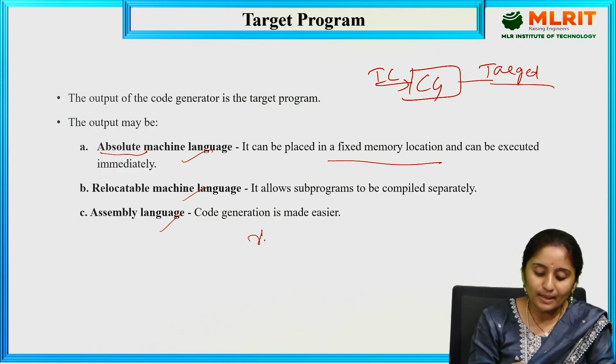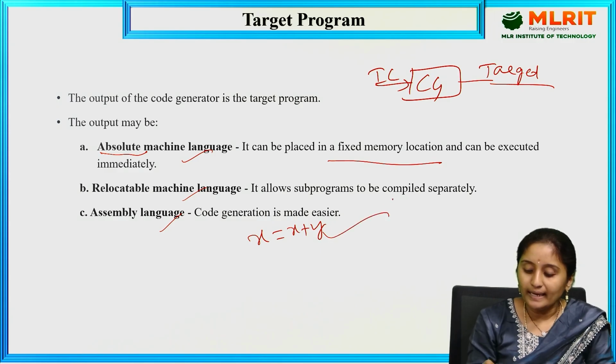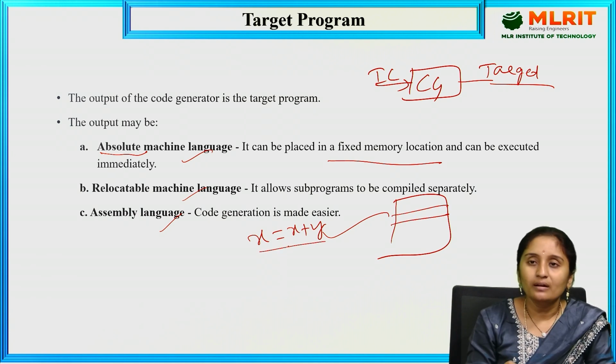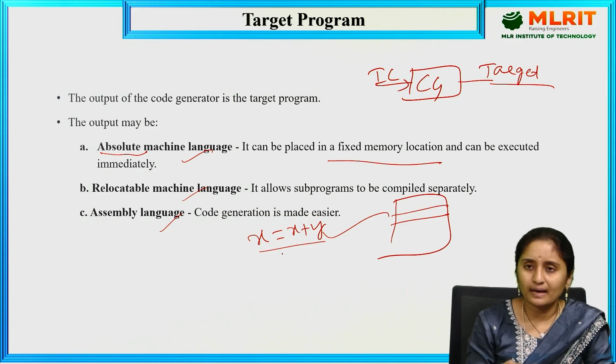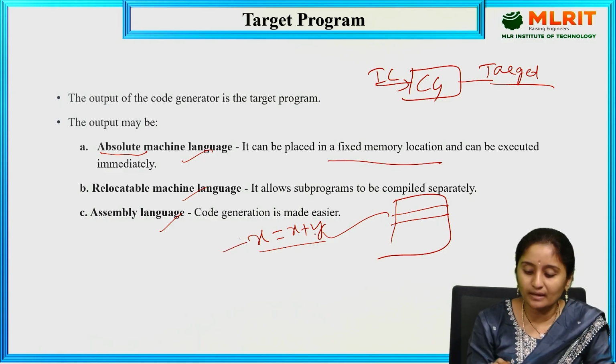When I write some program like x equal to x plus y, then when it is allocated, some RAM is allocated in the main memory, and an address is allocated to it. Some fixed memory address is allocated to this particular statement or particular data. For this particular data, the memory is allocated in the RAM. The fixed memory allocations are going to be done.